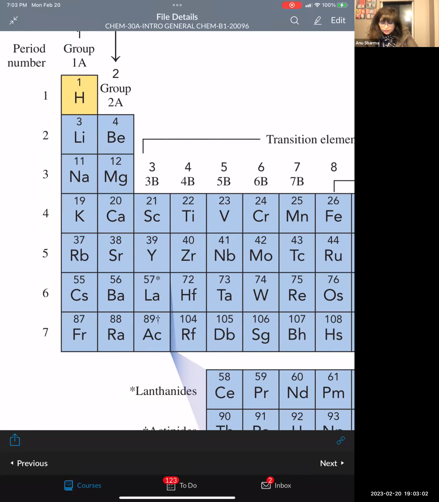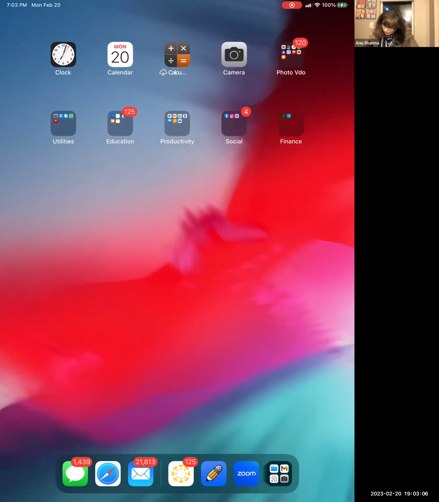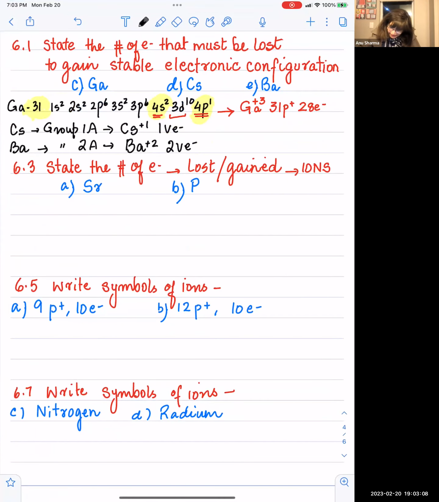Strontium, group 2A, has 2 valence electrons, and these 2 electrons are lost, to form strontium plus 2 charge. It's a metal also.